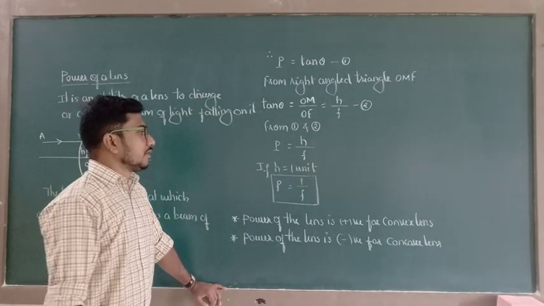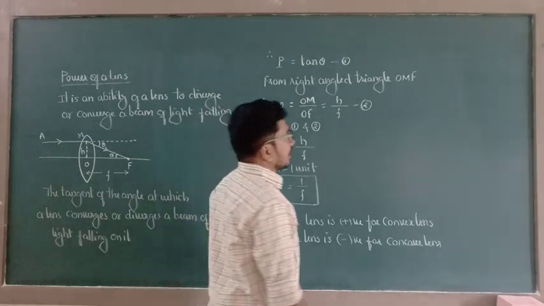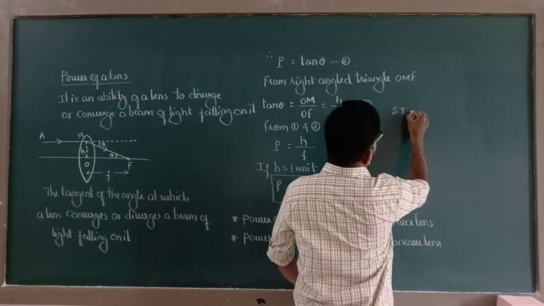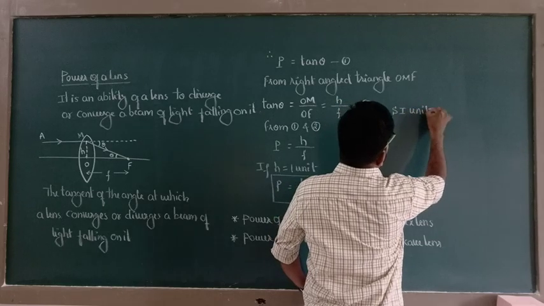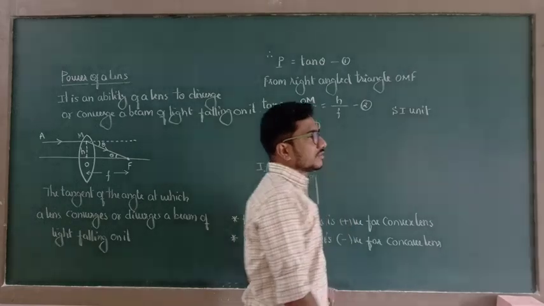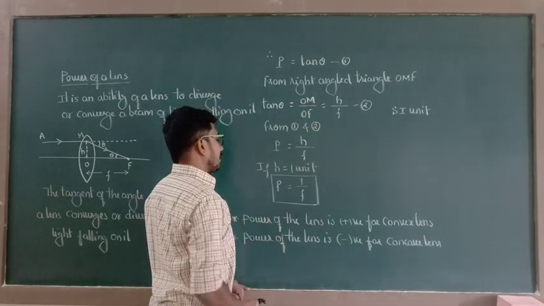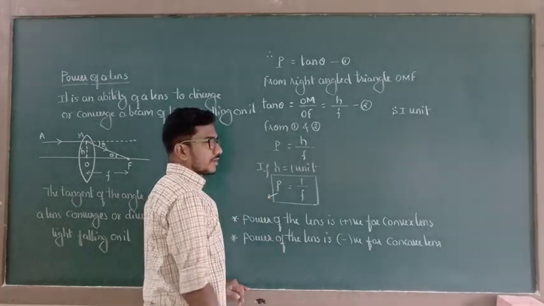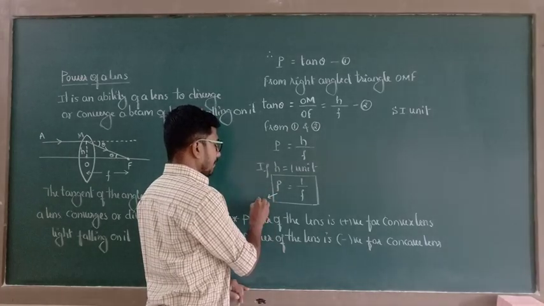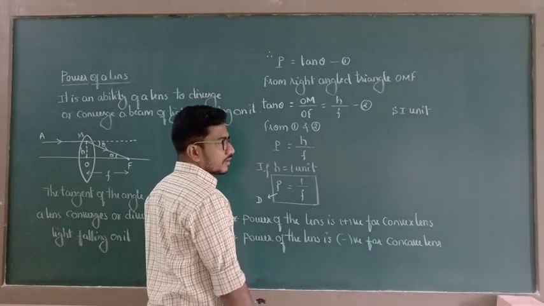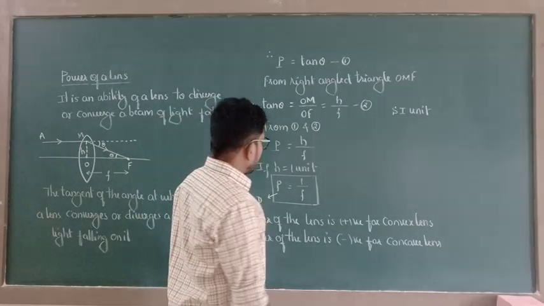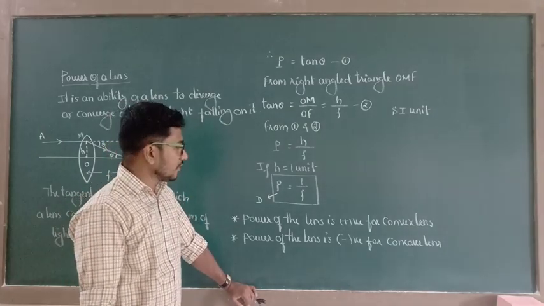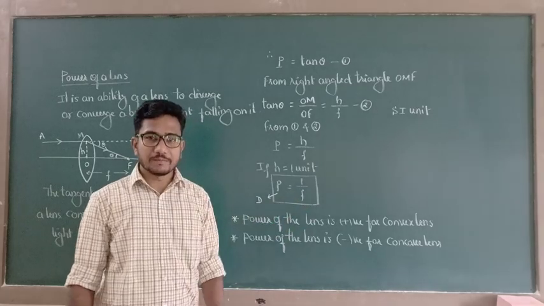Okay. Then, SI unit of power of the lens. SI unit of power of the lens is diopter, and it is represented by capital D. Power of the lens is said to be 1 diopter when its focal length is 1 meter.